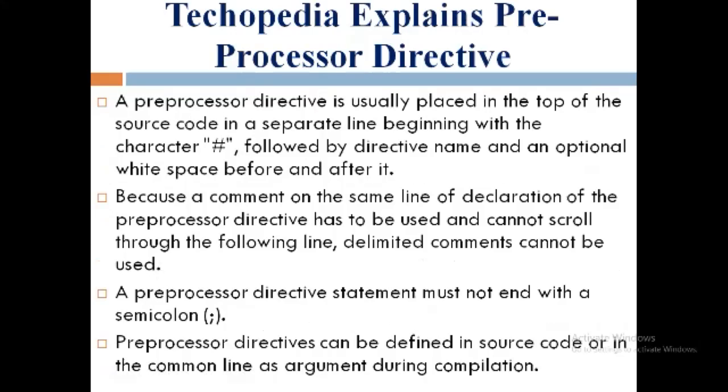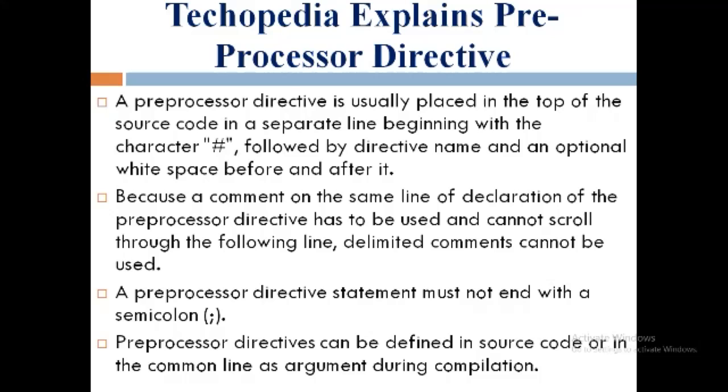Then Techopedia explains preprocessor directive. According to Techopedia, a preprocessor directive is usually placed in the top of the source code in a separate line beginning with the character hash, followed by directive name and an optional white space before and after it.